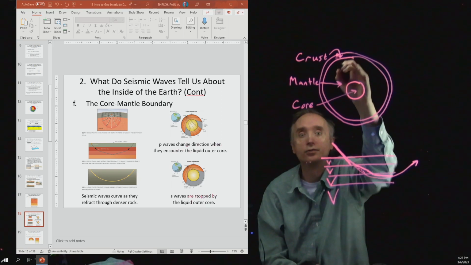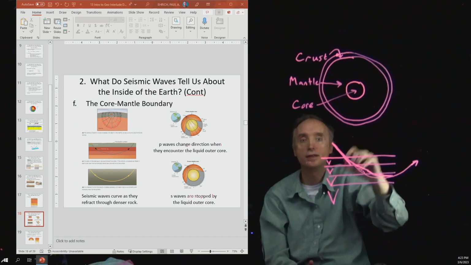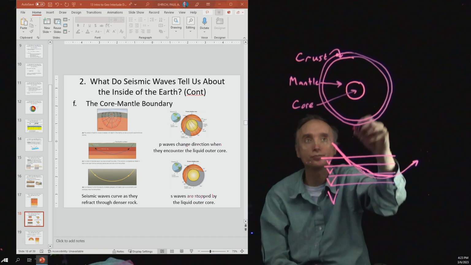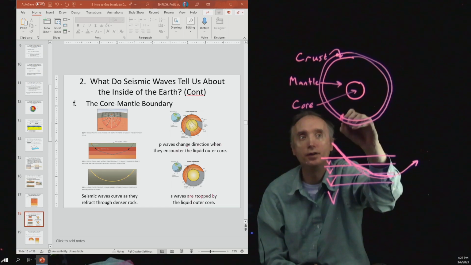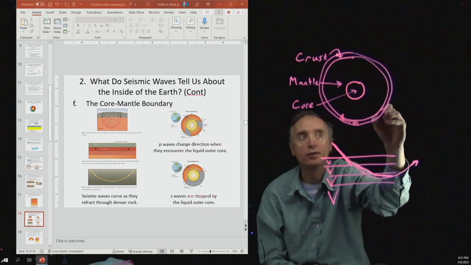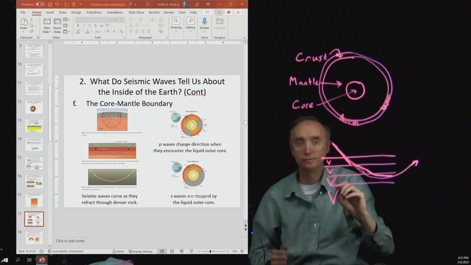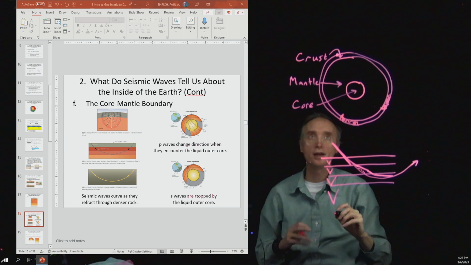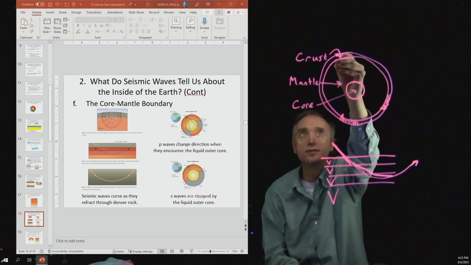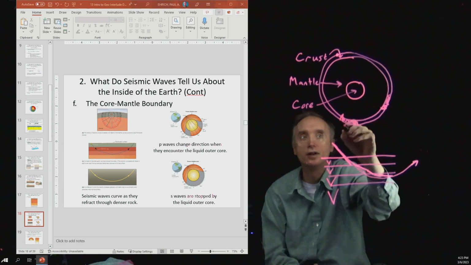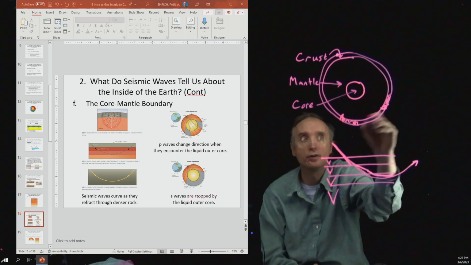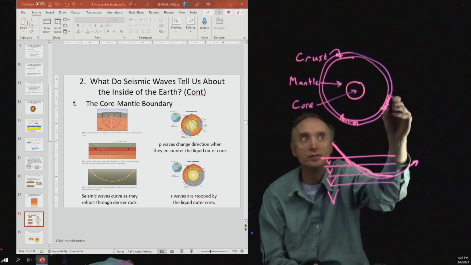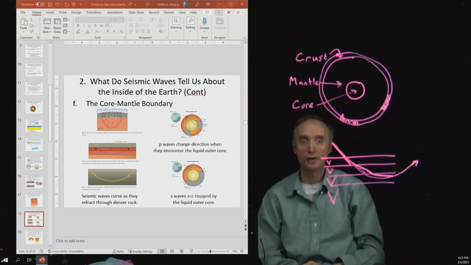But what they found was that there was going to be an area over here, and then an area over here, that is called the shadow zone. That's an area where, when this earthquake sets off its waves, you don't feel them on any seismic stations over here, and you don't feel any on these seismic stations over here.